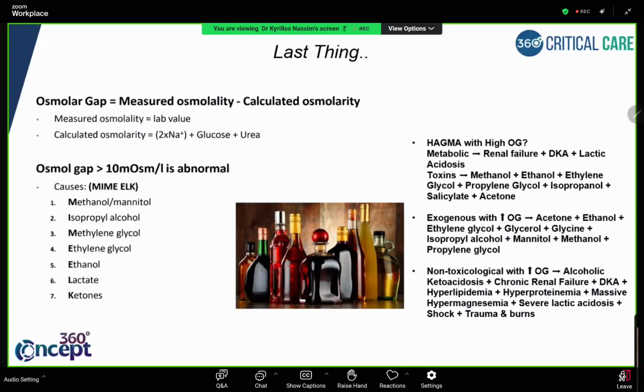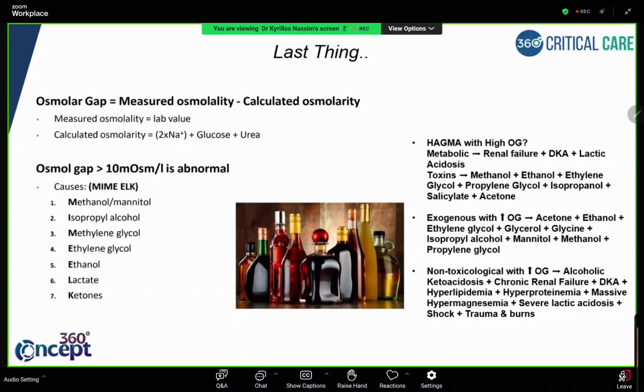They give you the measured osmolarity in the vignette to calculate the osmolarity and measure the osmolar gap. And if it is high, more than 10, it is something abnormal and related 100% to ethanol, and it is always about alcohol toxicity in examination.